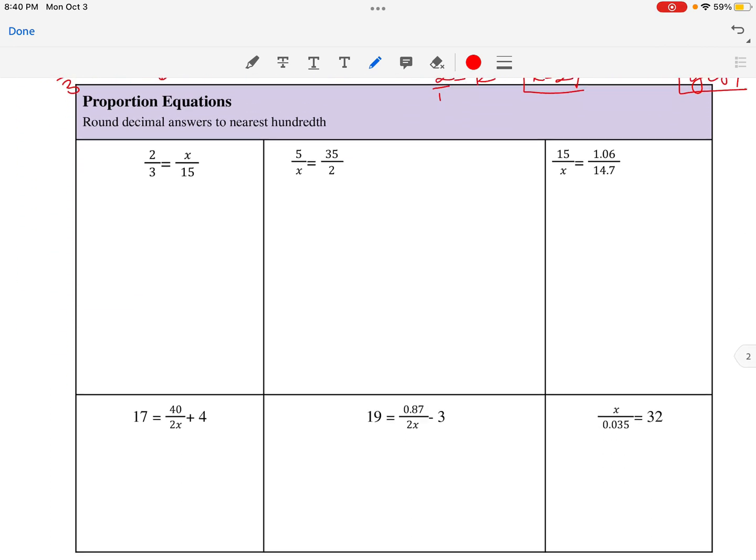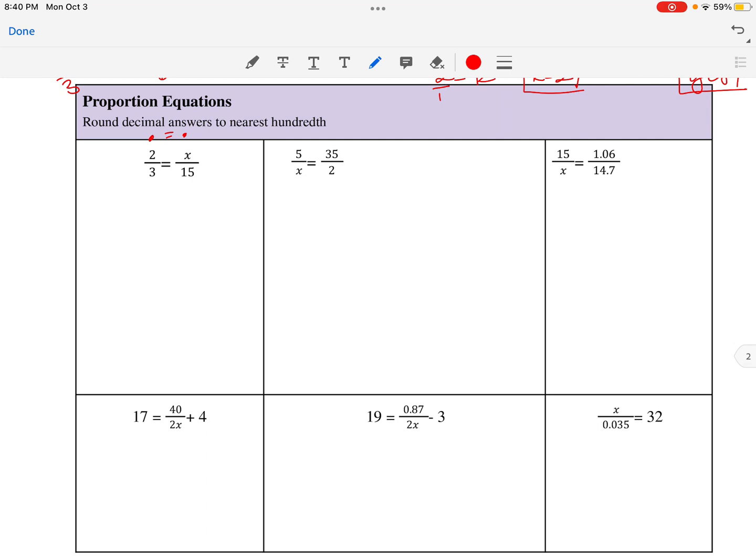Let's try proportion equations. Proportion equations are when one fraction equals another with the variable that you're solving for in it. So that's the case here. We have a fraction equals another fraction. So we're going to solve it like we've solved all of our other equations using inverse operations.